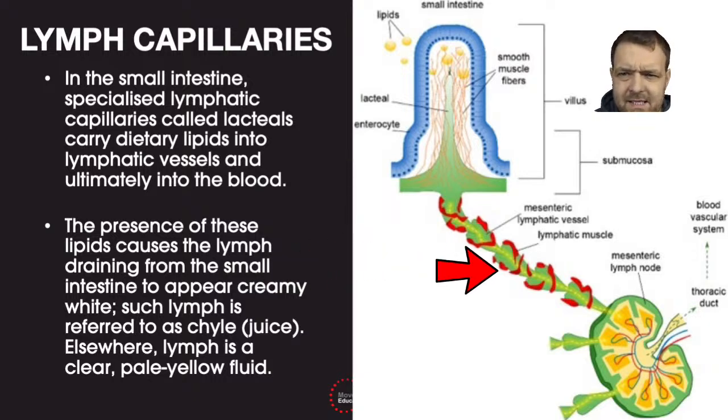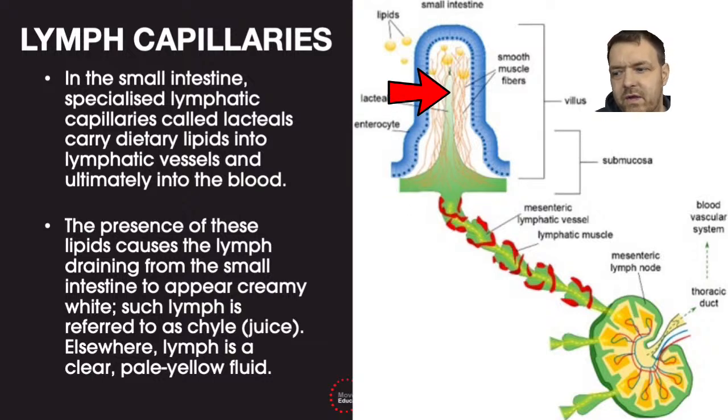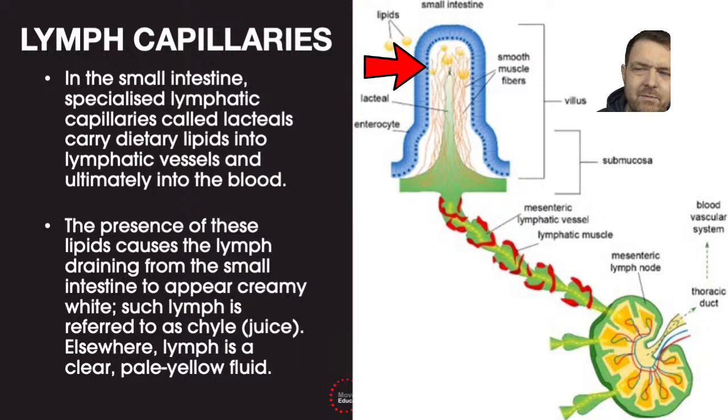We also talked about this. These were the lacteals, the lymphatic vessels specific to the small intestine. The lipids that are broken down from dietary fats can't get absorbed into the bloodstream because the molecules are too big. So they instead get absorbed by the lymphatic system. They get cleaned up in a lymph node just to make sure there's nothing nasty in there.